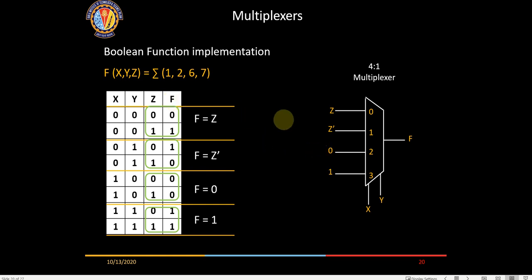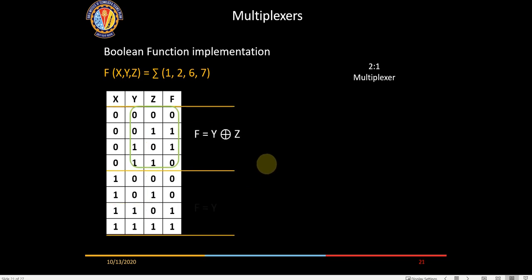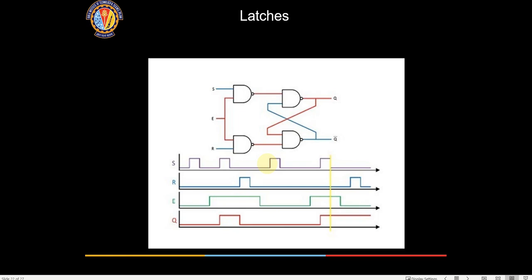So be careful with that. It could be either way. There could be a function and you make a mux out of it, or the other way around: a mux is given, you have to identify what the function is. So you need to write the expressions and try to get an answer. Those kinds of questions you can also expect.